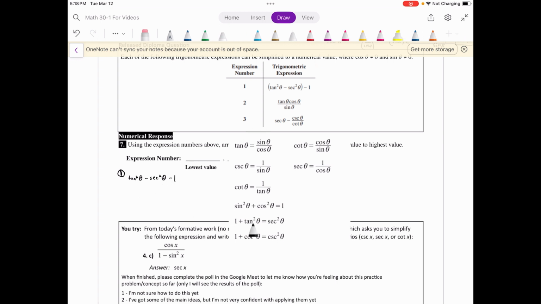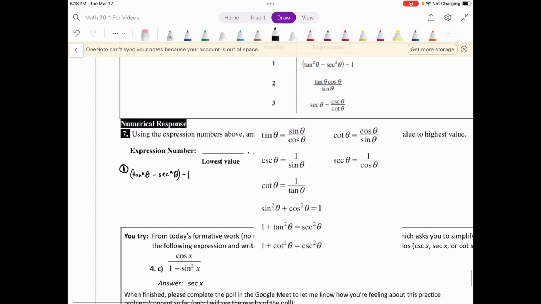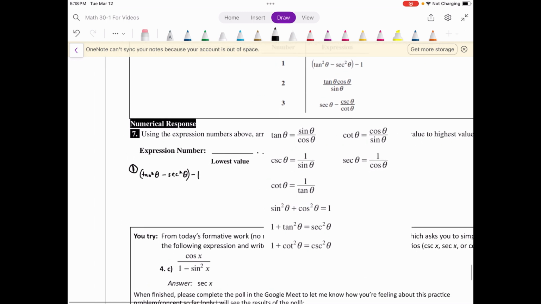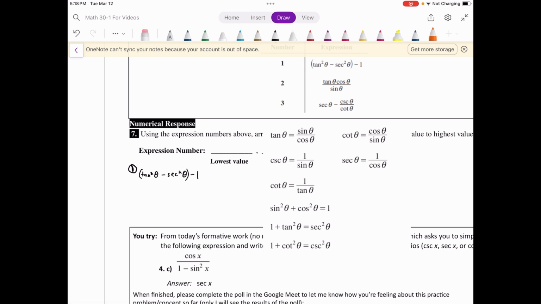Like tan squared and secant squared. So we might have to get a little creative here, but tan squared minus secant squared, can we see how this could be rearranged to be helpful there, right? If 1 plus tan squared theta equals secant squared of theta, well, what is tan squared of theta minus secant squared of theta equivalent to, right?